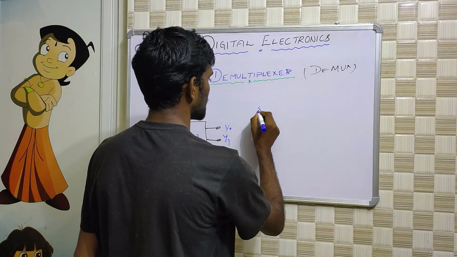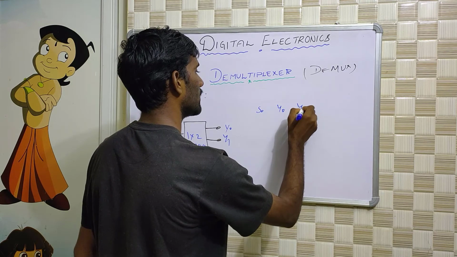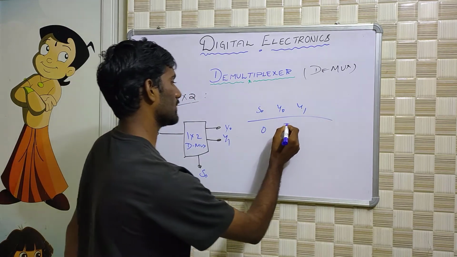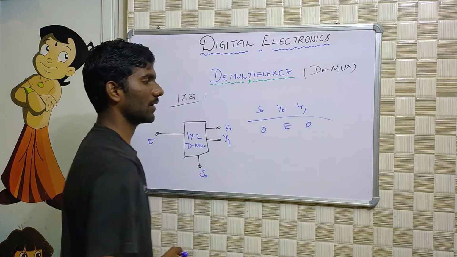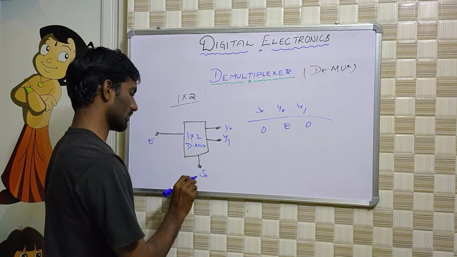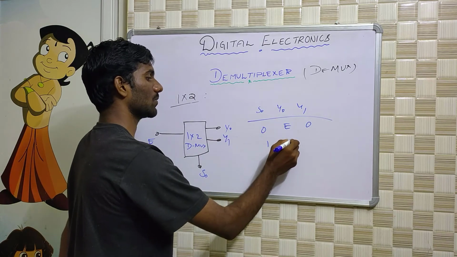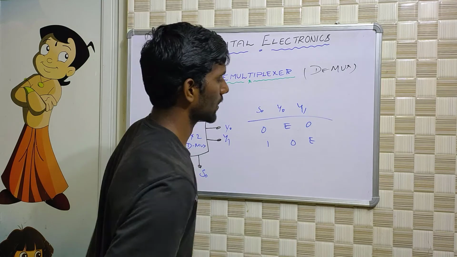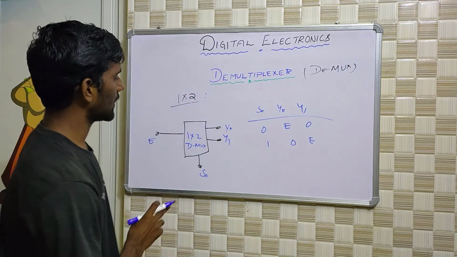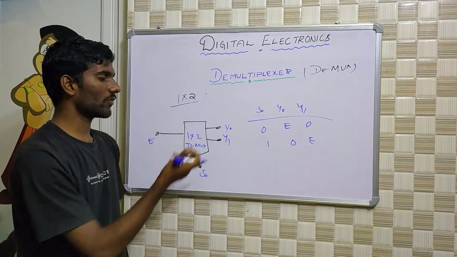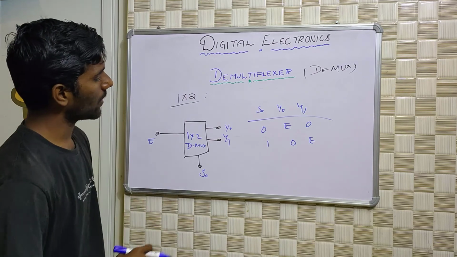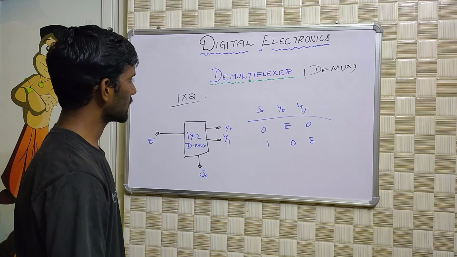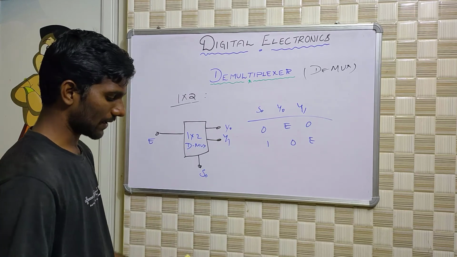When S0 is 0, Y0 carries the input and the remaining one will be 0. When S0 is 1, Y0 will be 0 and Y1 will carry the input E. So based on the selector line only, the input goes to the prescribed output line.